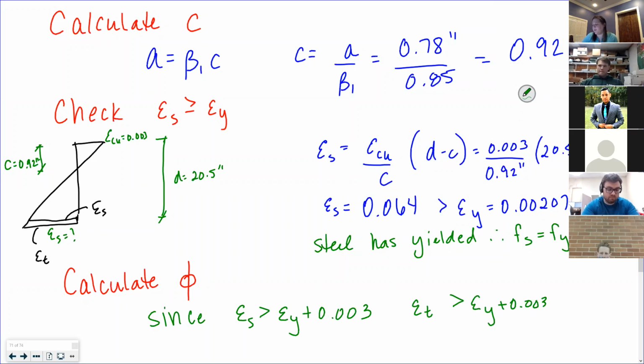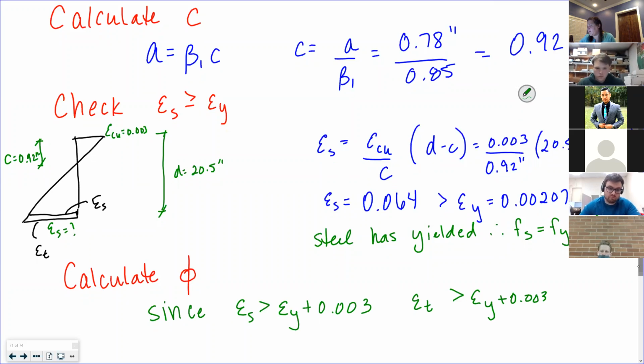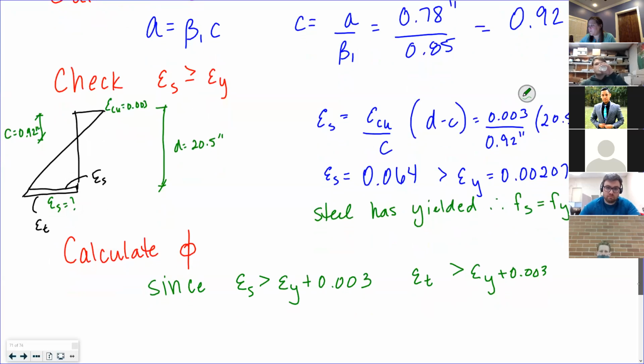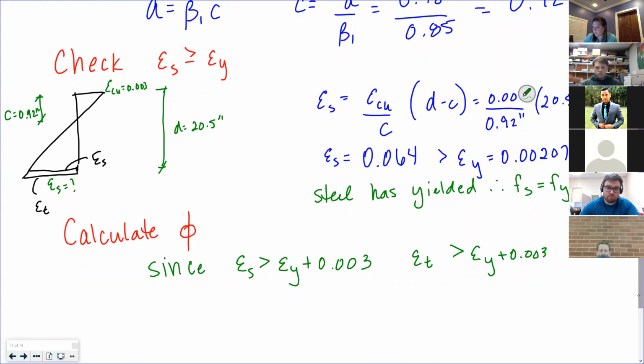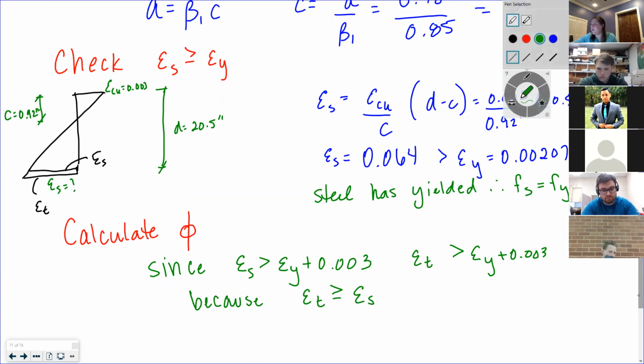And I guess to be talking about plus 0.003, not just the fact that it's yielded, but it's yielded so much. I don't even have to calculate it. ET is always greater than or equal to that.